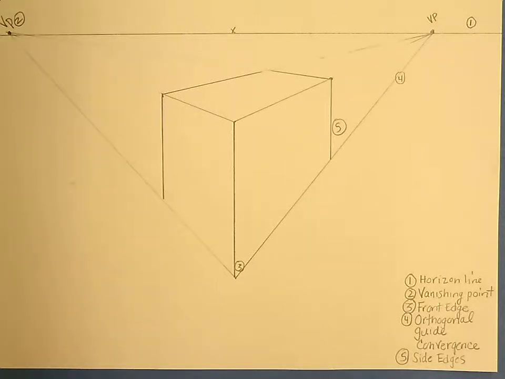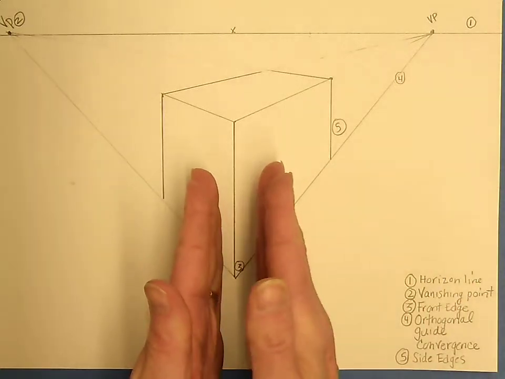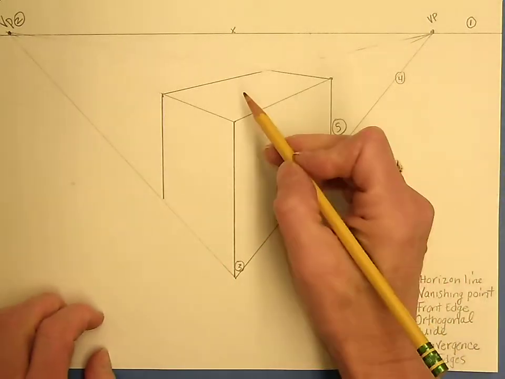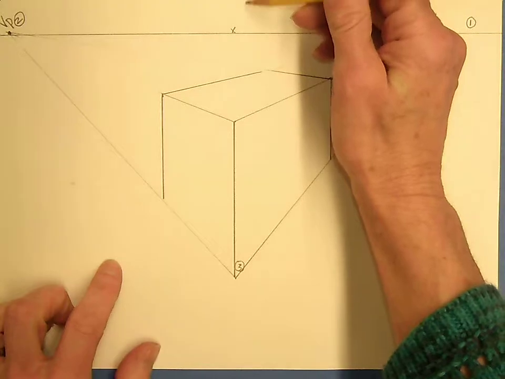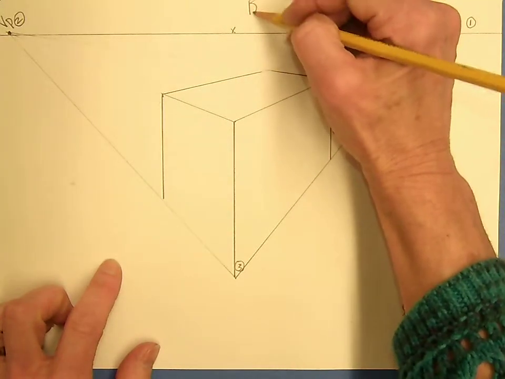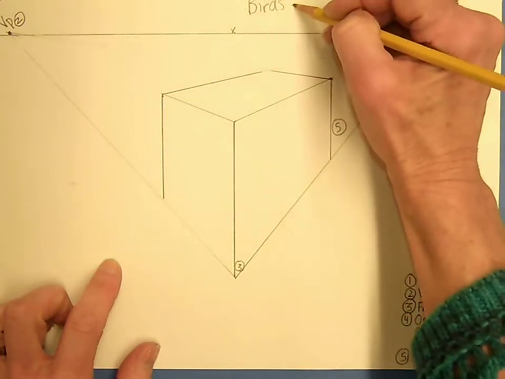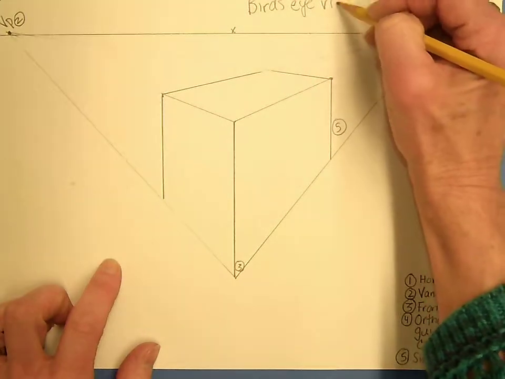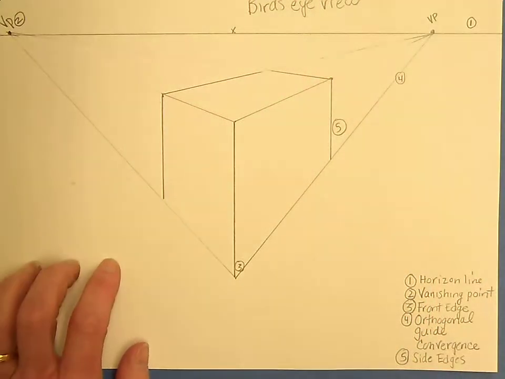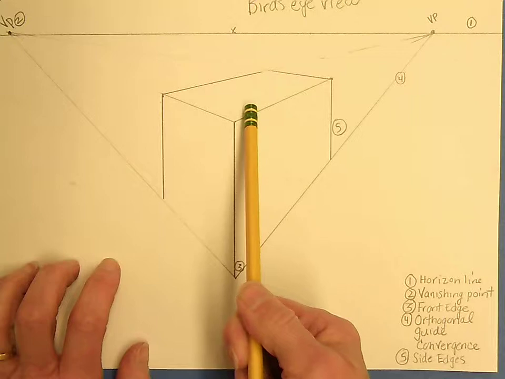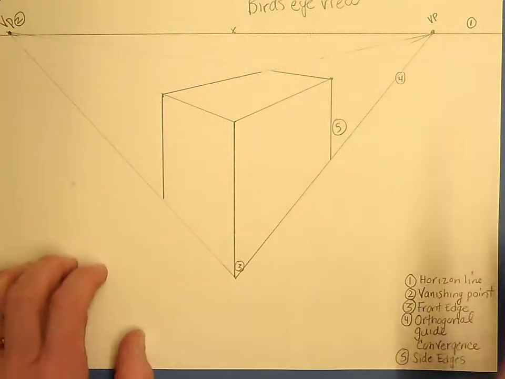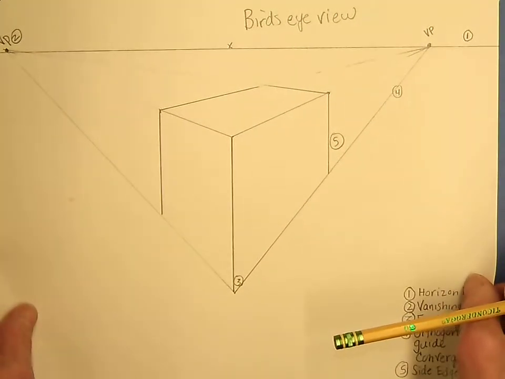That view name is called a bird's eye view. So we are looking at a building in a bird's eye view. Why? Because we are looking down. So this is a bird's eye view of a building because we're looking down at the building and we can see the top. Again, it is the bird's eye view.